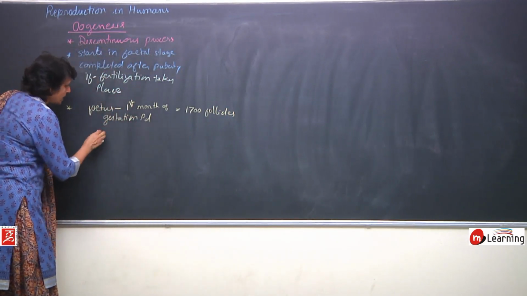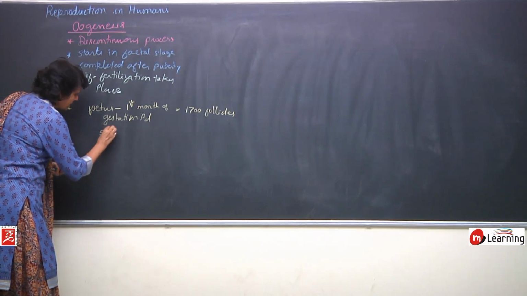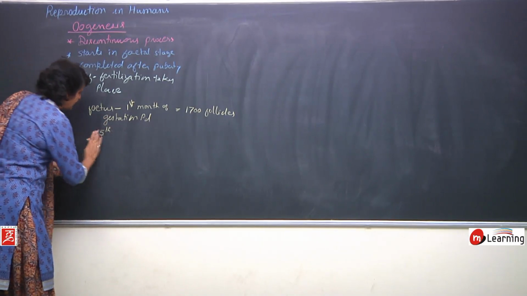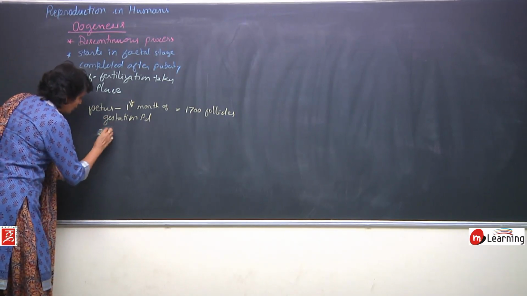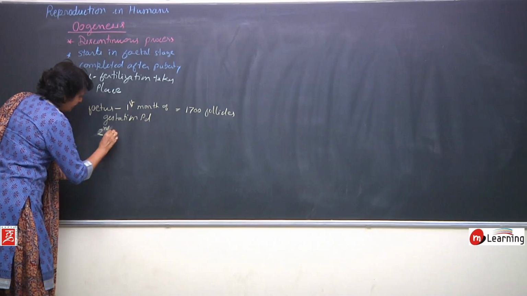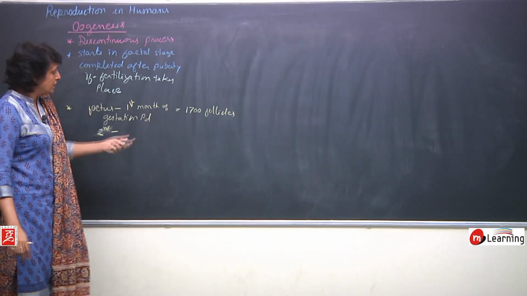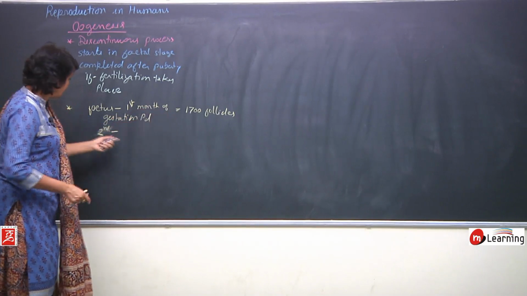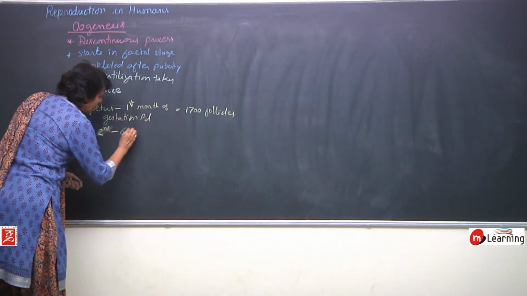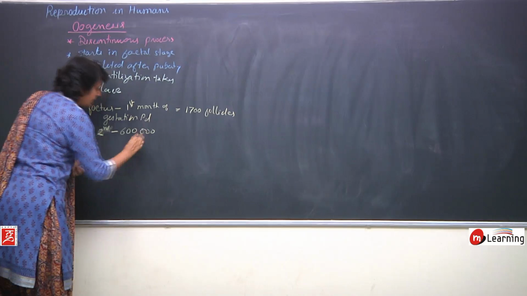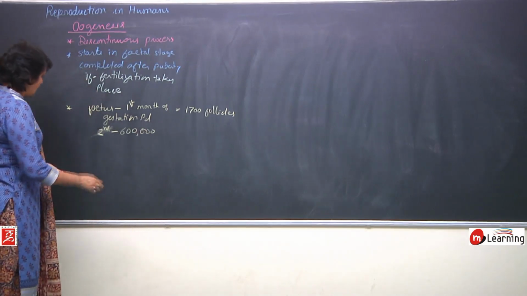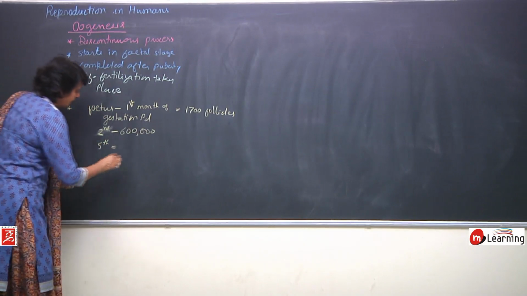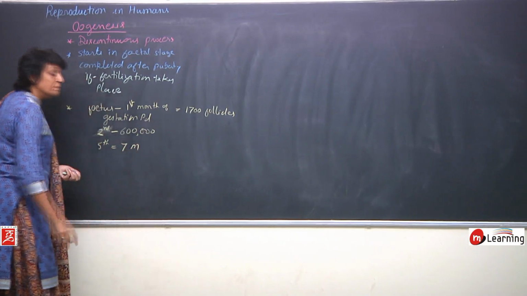When the fetus turns to the 2nd month, the number of follicles increases. That means multiplication is taking place. This number comes to 600,000. By the end of the 5th month, this number comes to 7 million.